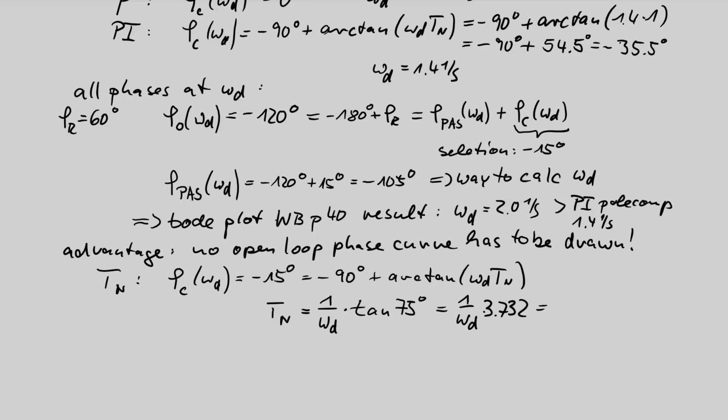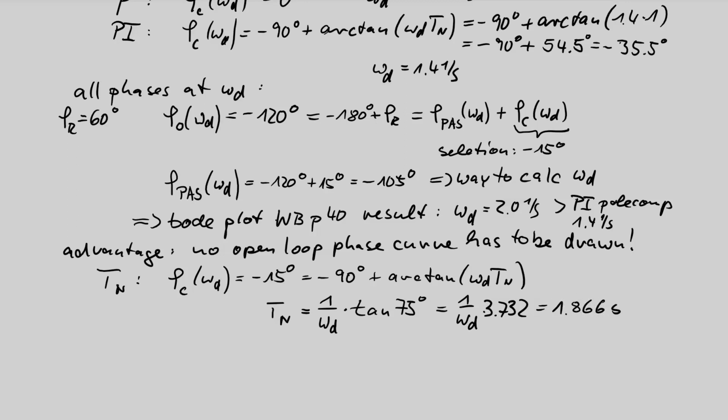In our case I have to divide by 2. So this is 1.866 seconds. So Tn is a little bit larger than in the pole compensation case. Now, Tn, instead of 1 second we have 1.866 seconds.